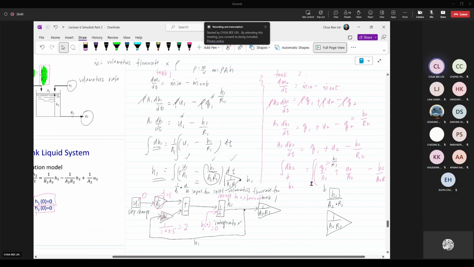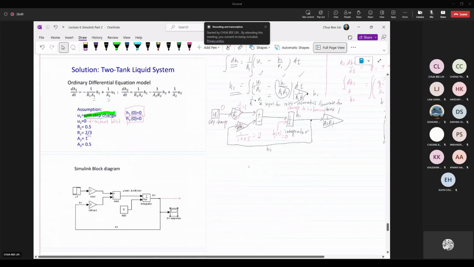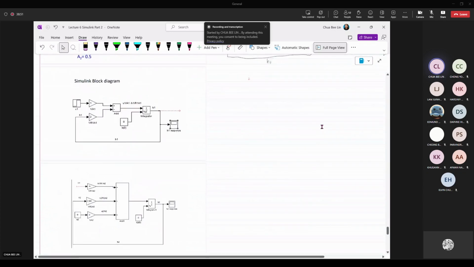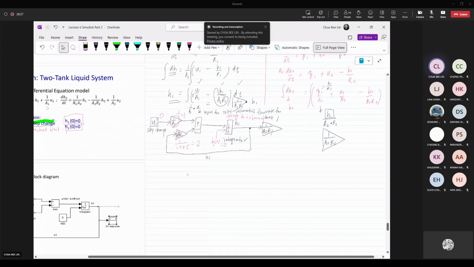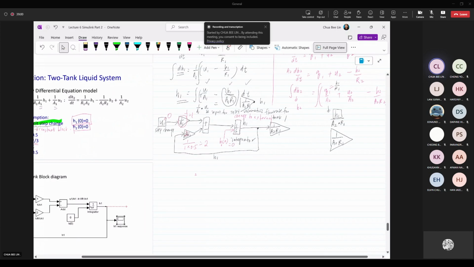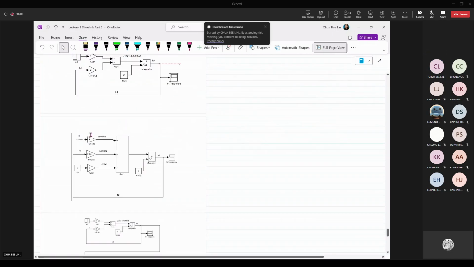So this one is actually your Q1 over the A1. So you can see the solution, they actually have the 1 over A2 here. So you'll be having H1 connected to 1 over A2 R1. So H1, where's the H1? H1 is here.